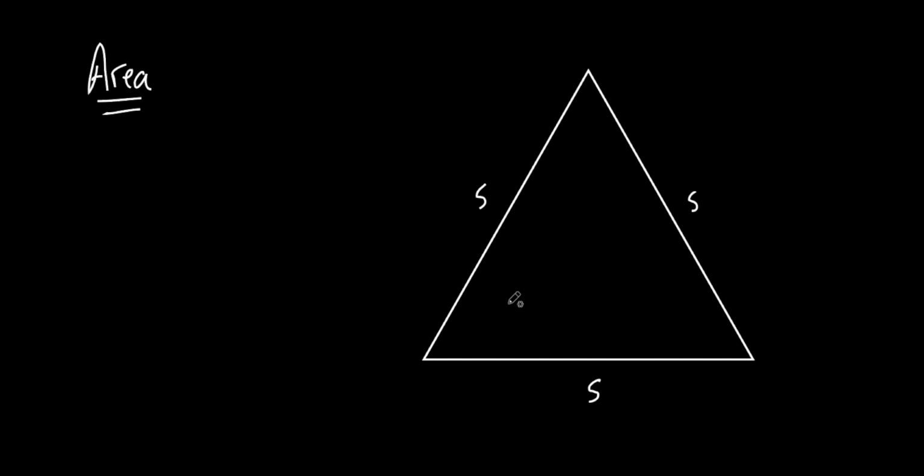What I want to do is come up with a little formula for the area of an equilateral triangle. You could probably do this without the formula, but sometimes a formula is nice. Let's give it a shot.